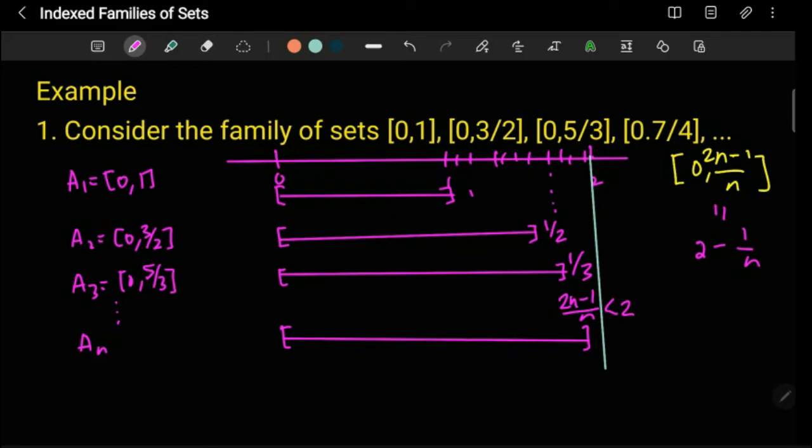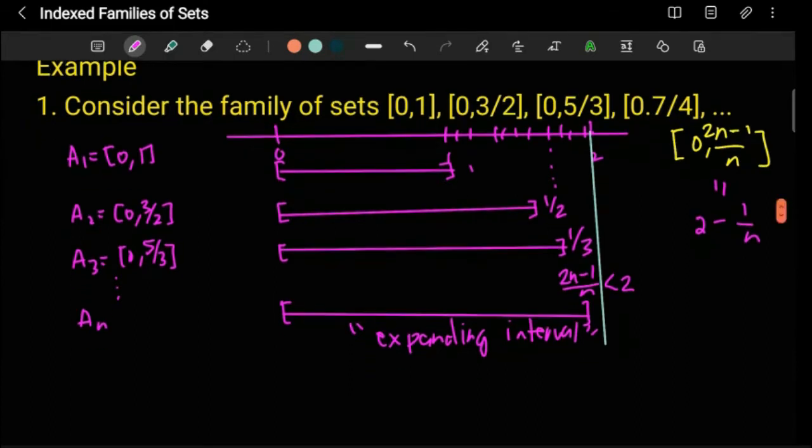So, you can imagine that we have what we call an expanding set or interval. So, nag-expand siya. Palaki ng palaki yung interval. So, what happens if we get the union, arbitrary union of these sets? Now, let's take a look at A1 and A2.